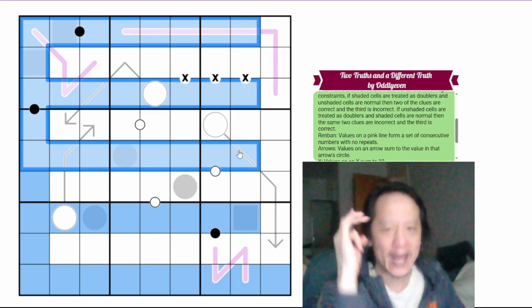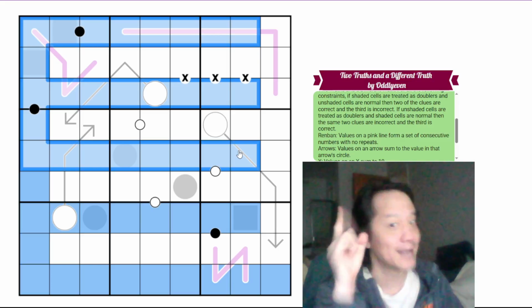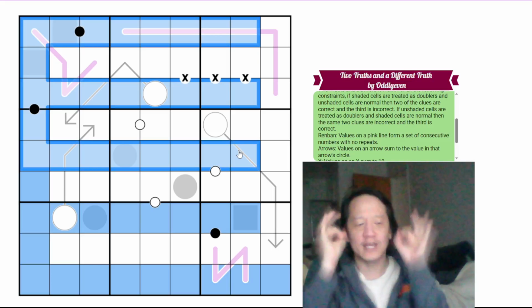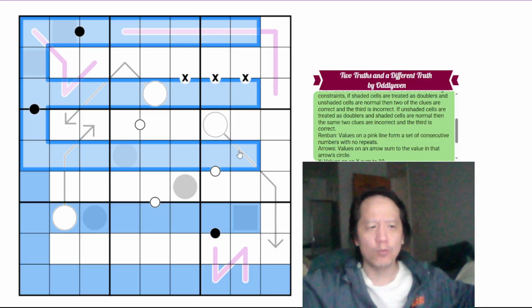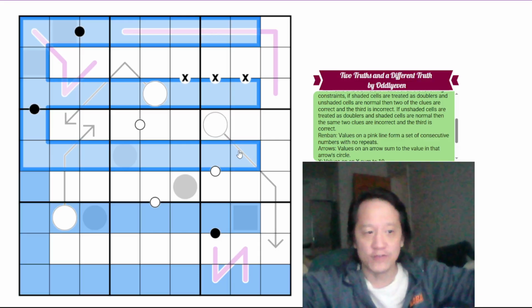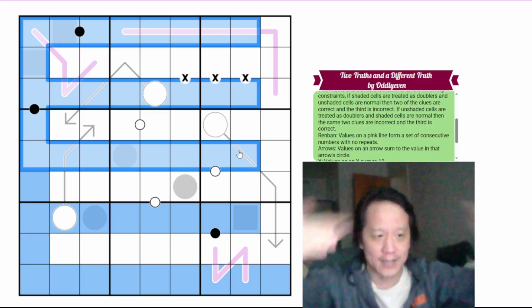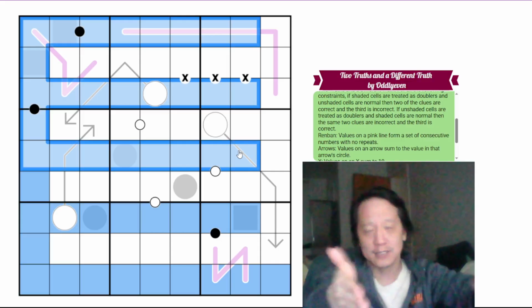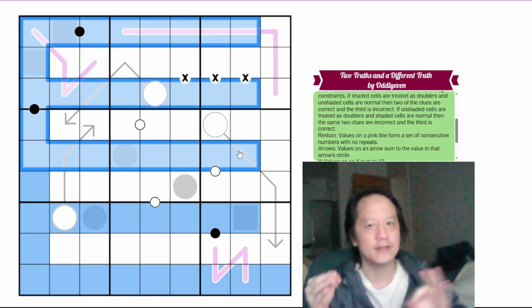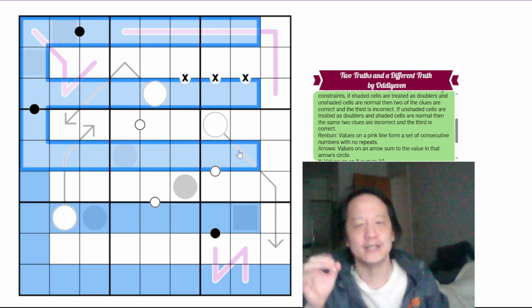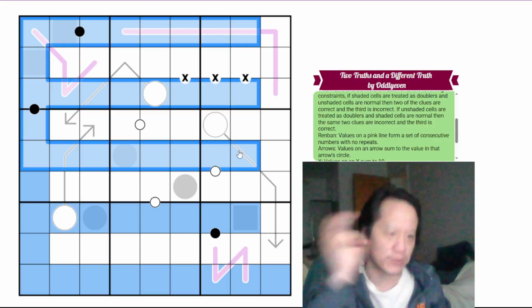It should be "when" shaded cells are treated as doublers, not "if". Because the problem with the "if" is that I was like, wait, so that means we don't know if shaded cells are doublers or not. They could be doublers or they could be not doublers. Part of it is that the wording isn't quite precise enough.